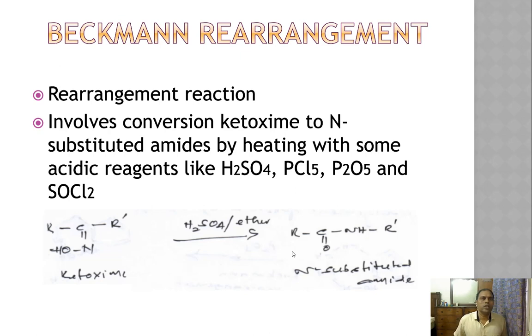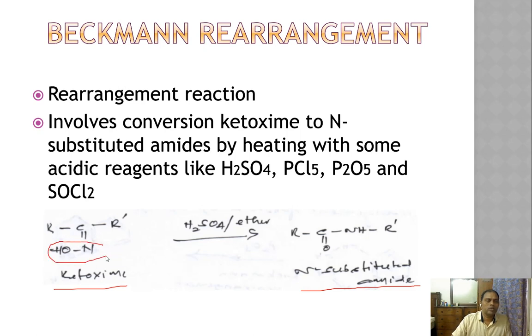The last one is the Beckmann rearrangement reaction. So it's a rearrangement reaction. It involves conversion of ketoxime to N-substituted amide. This is ketoxime, right? Ketoximes are products of the reaction between ketone and hydroxylamine.